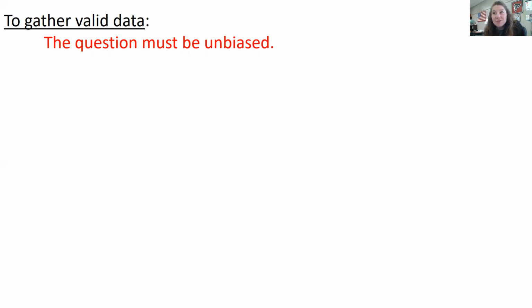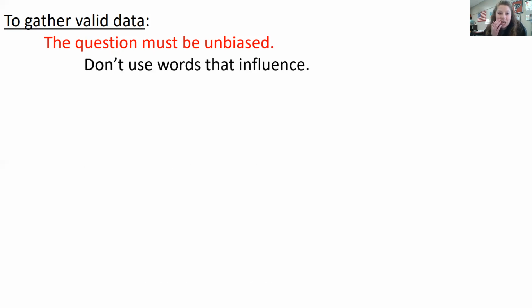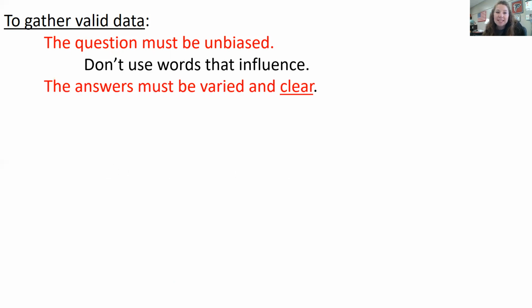First of all, you would have to answer with a number, but my question is biased, right? I am letting you know I think if you spend more than 2 or 3 hours on your cell phone, then you're a time waster, right? So that's a biased question. Don't use words that influence the person that you're asking.